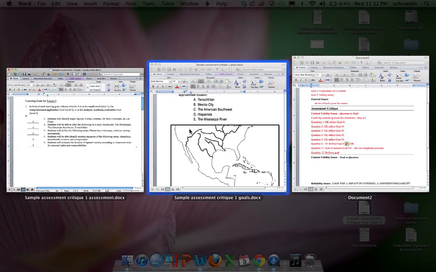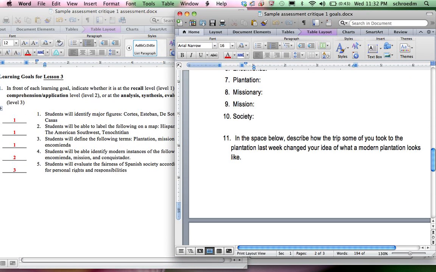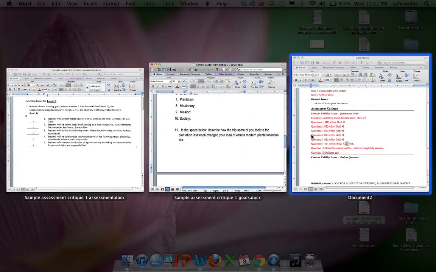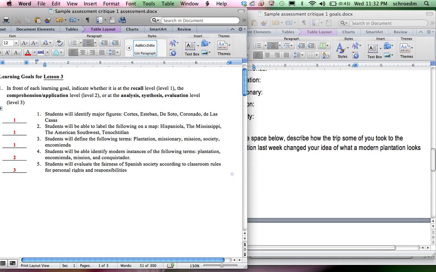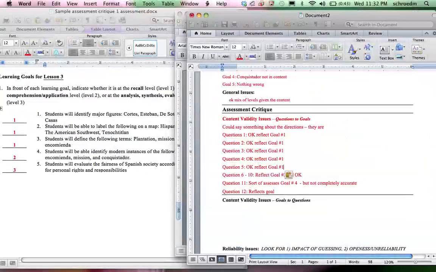Now the next one, question 11, says, in the space below, describe how the trip some of you took to the plantation last week changed your idea of what a modern plantation looks like. In that case, I'm looking at my goals, and it says students will be able to identify modern instances of the following terms: plantation, encomienda, mission, and conquistador. It kind of reflects goal 4, only a small part of it, right?